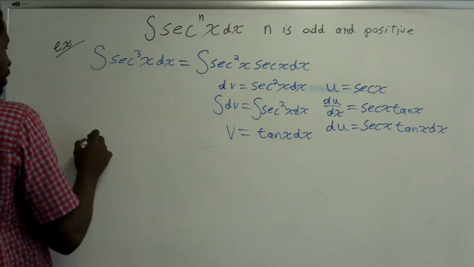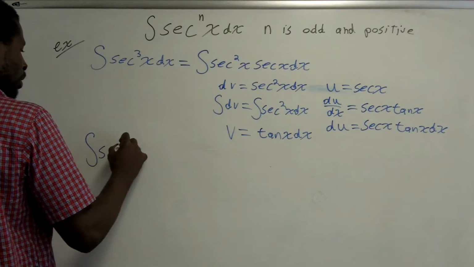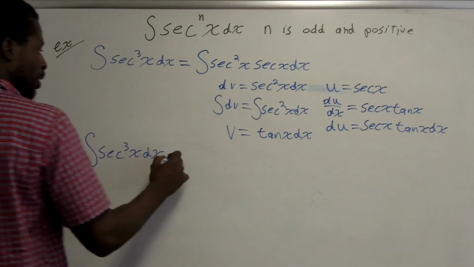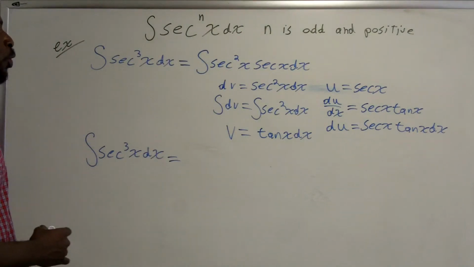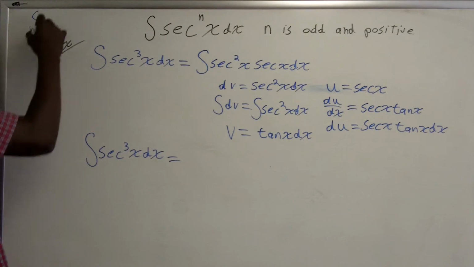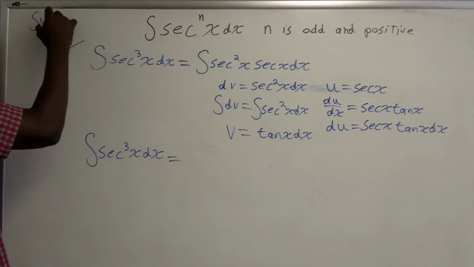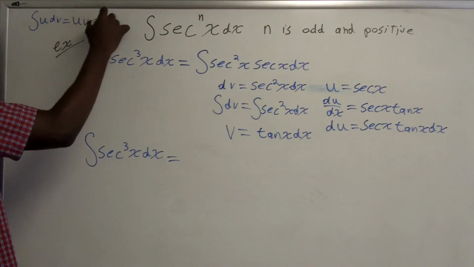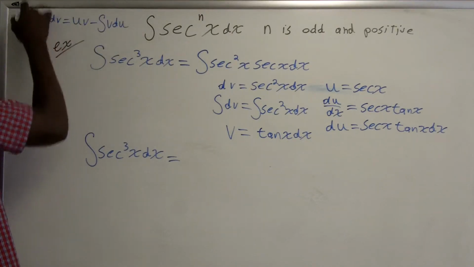So the integral of the secant cubed of x dx is going to equal, and then we're going to do uv. That's what integration by parts says. The integration by parts formula says the integral of u dv is equal to uv minus the integral of v du. This is what we're using.